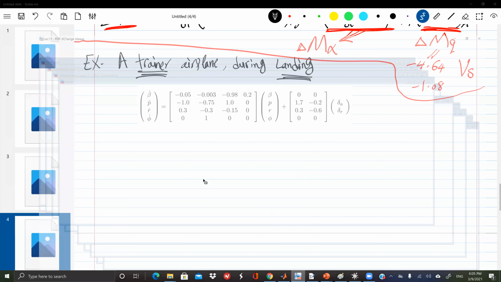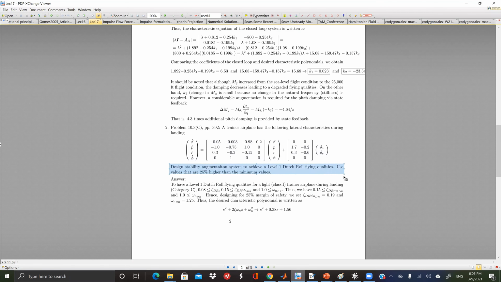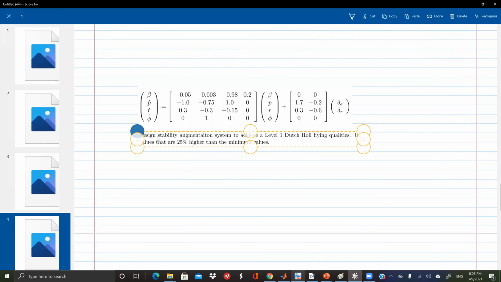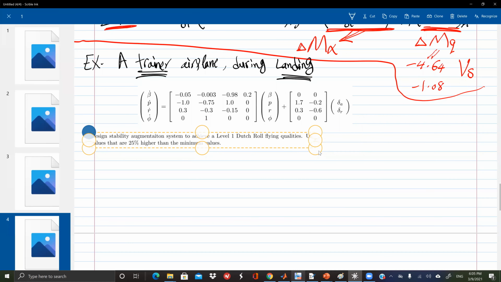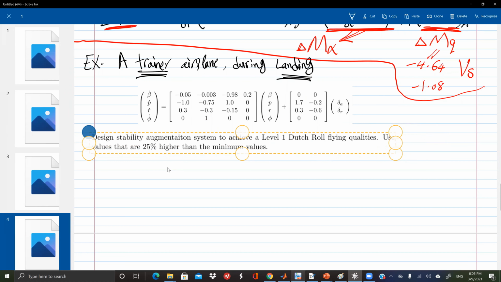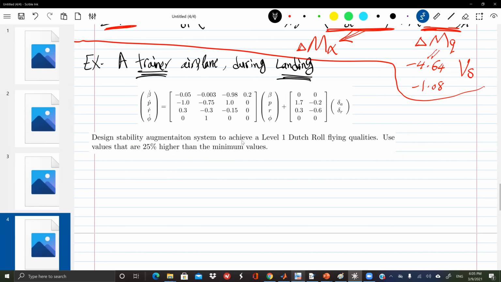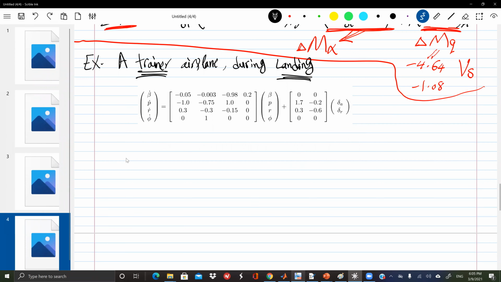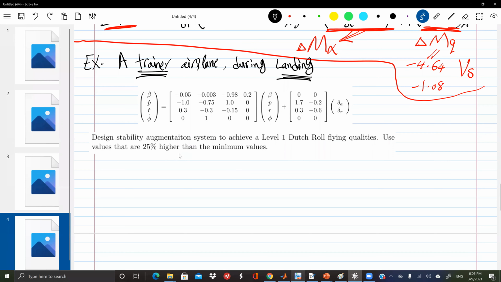And what's required is to design a stability augmentation system to achieve level 1 Dutch roll flying qualities and use values that are 25% higher than the minimum. We'll come back to it.